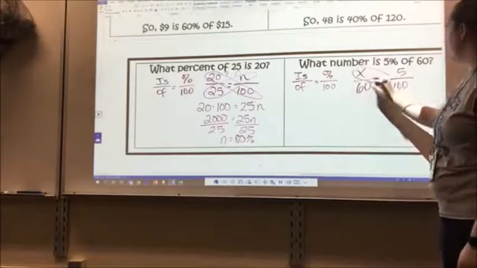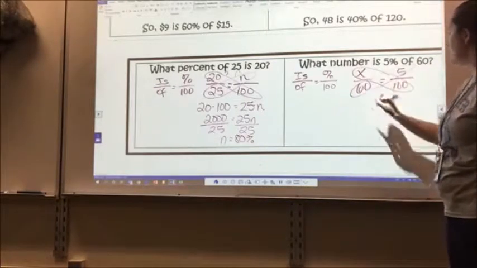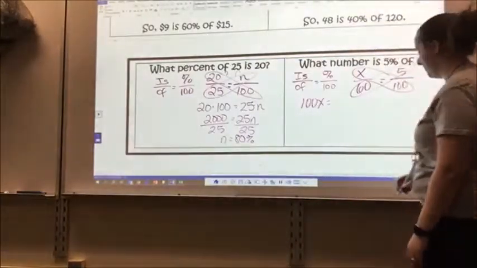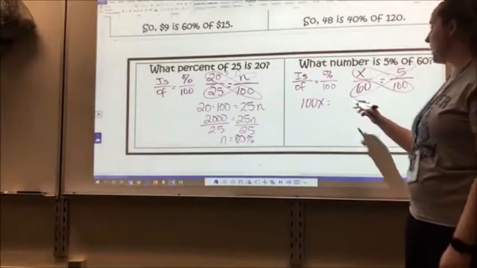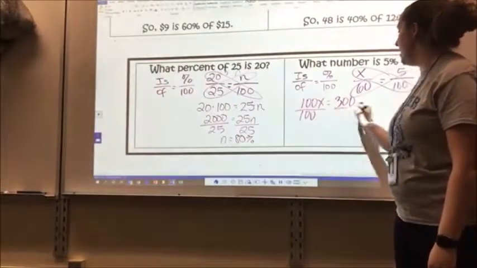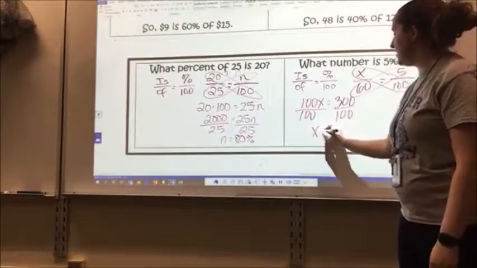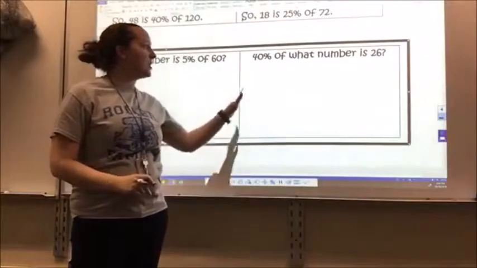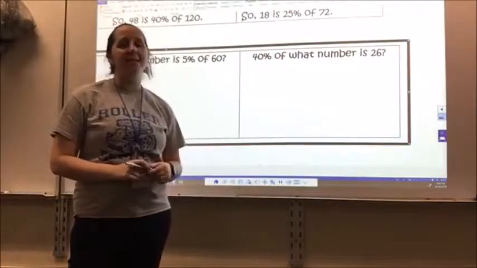Again, I multiply by the butterfly and get 100x equals 5 times 60, which is 300. Then I divide both sides by 100. So x equals 3.